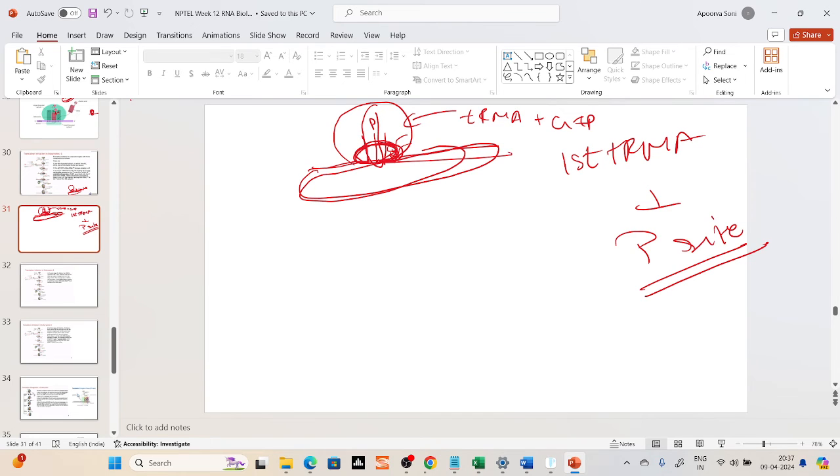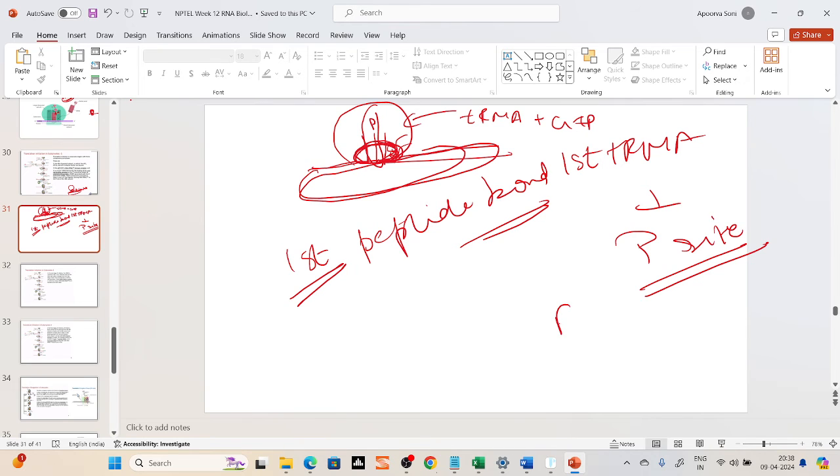And then when this tRNA attaches to the P site, formation of the first peptide bond takes place. And then the tRNA would be emptied, and then that tRNA moves to the E site.